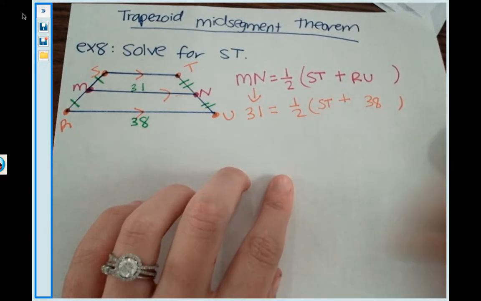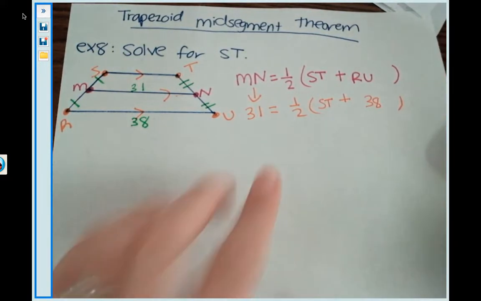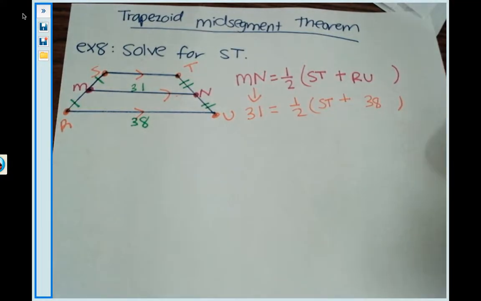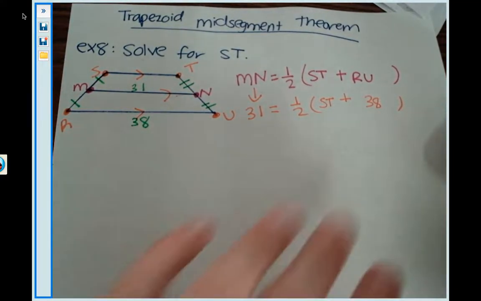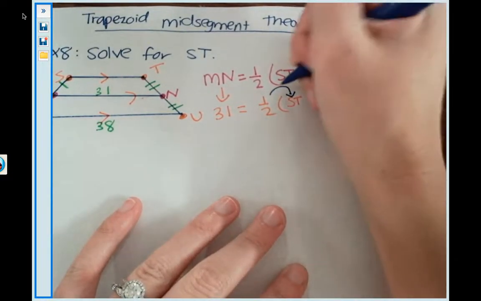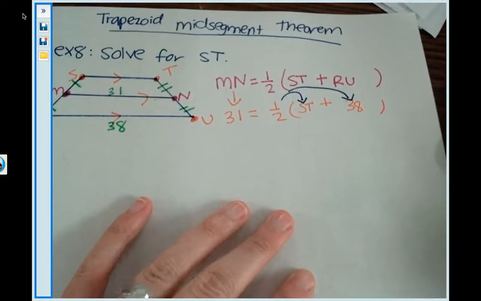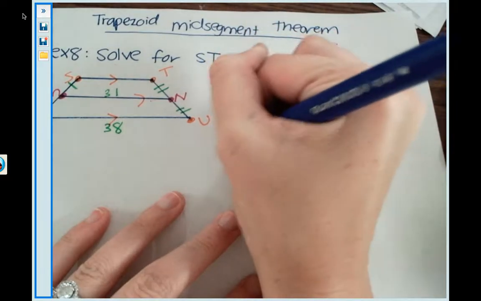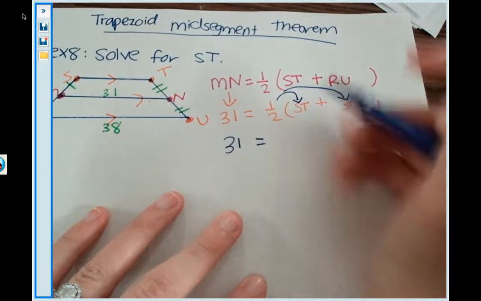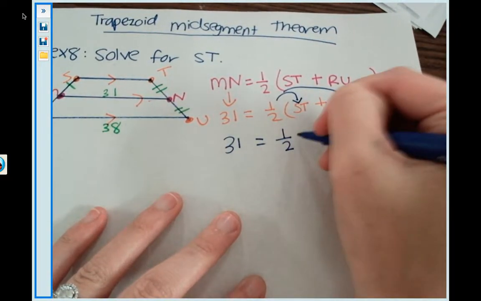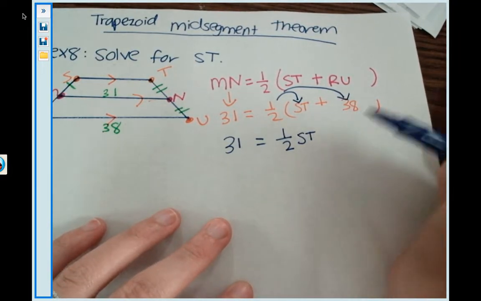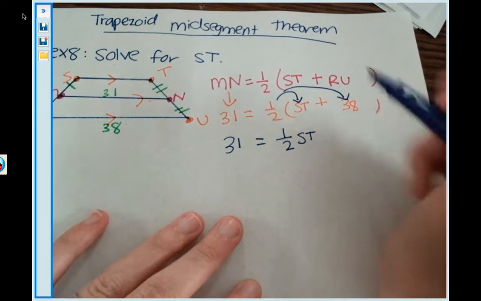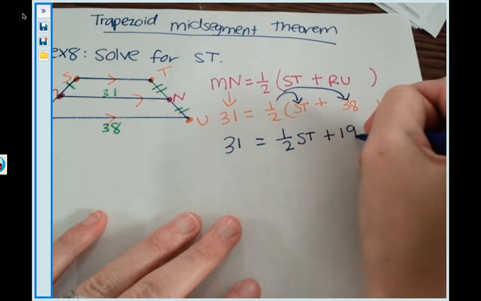The 1/2 is outside of parentheses, and the way we deal with that is by distributing. So 31 will equal 1/2 times ST, which I don't know, plus 1/2 times 38, or half of 38, which is 19.